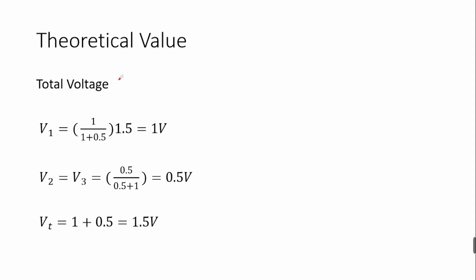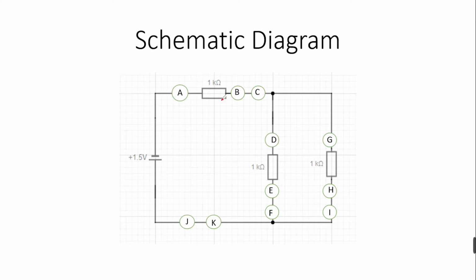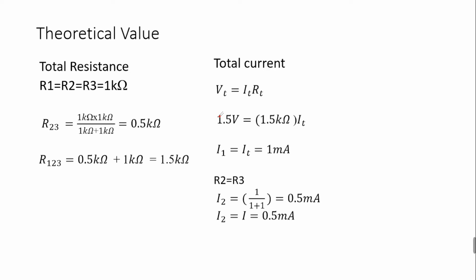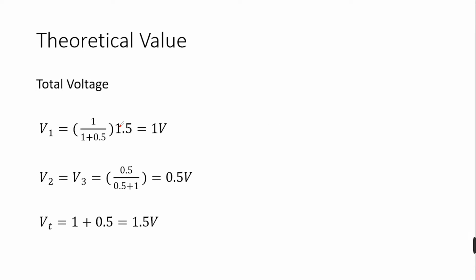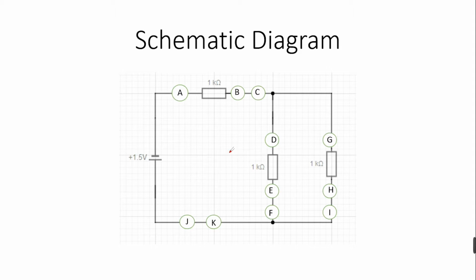Next, we find the voltage at V1 first. I use the voltage divider rule, that is 1 over 1 plus 0.5 times the total voltage, that is 1.5. So we get V1 equal to 1 volt. V2 and V3 are equal because they are in parallel.